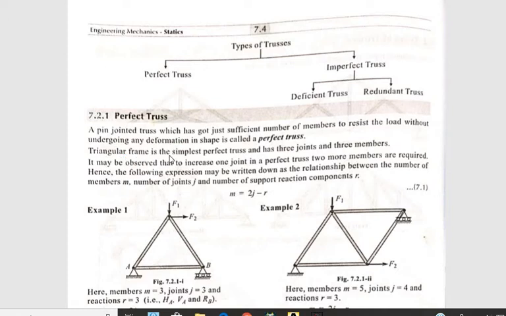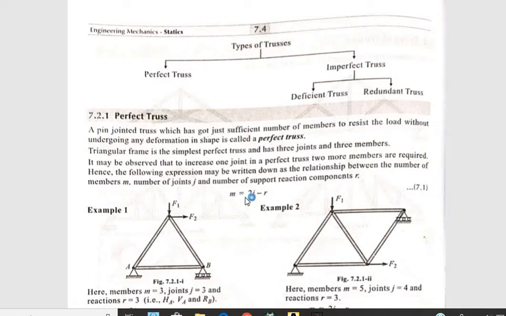A triangular frame is an excellent example of a perfect truss and has three joints and three members. It may be observed that to add one joint to a perfect truss, two more members are required. Hence, the following expression gives the relationship between the number of members, number of joints, and number of support reaction components. This equation is very important. Just remember the definition of perfect truss.